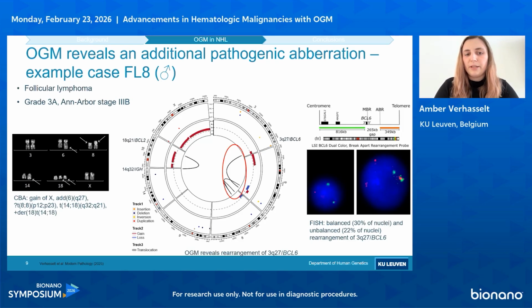And then there's one separate green signal and one separate red signal, meaning that there's a rearrangement. Then we have our second clone here. Again, you can see one normal colocalized signal, a separate green signal, and two separate red signals, which means that there is a gain of the region telomeric of BCL6, which is what we saw in our optical genome mapping results as well.